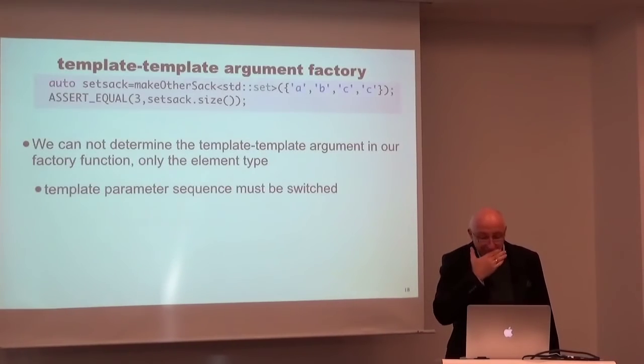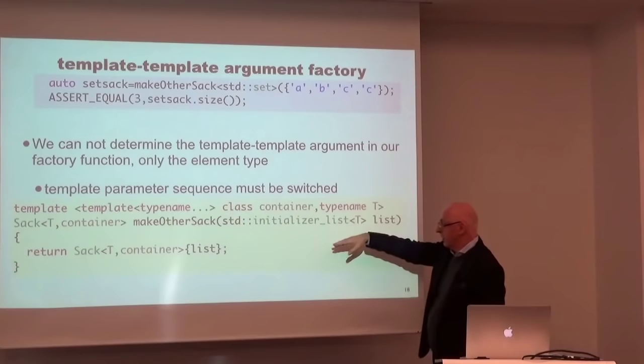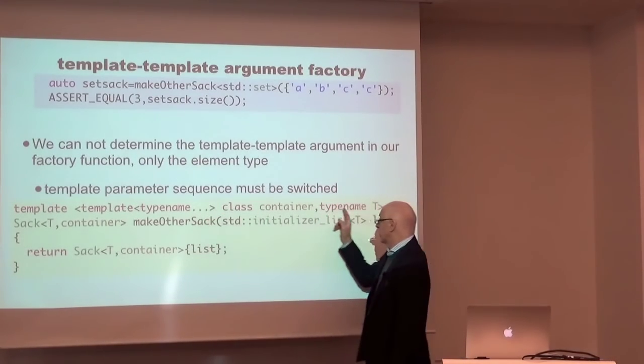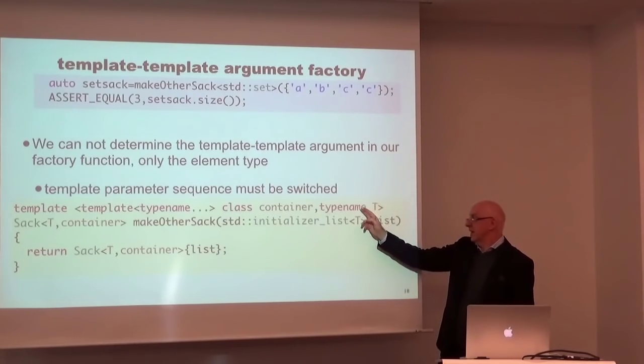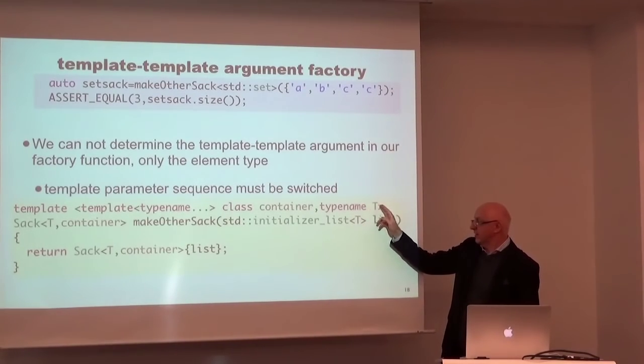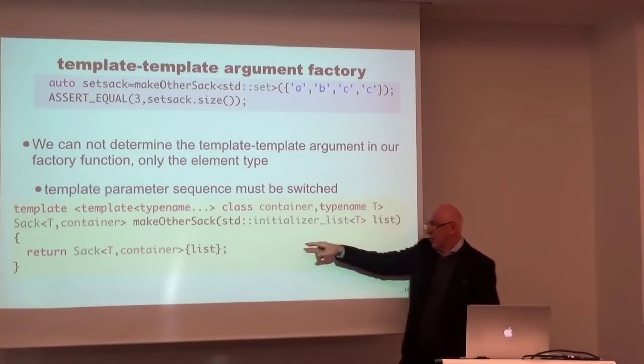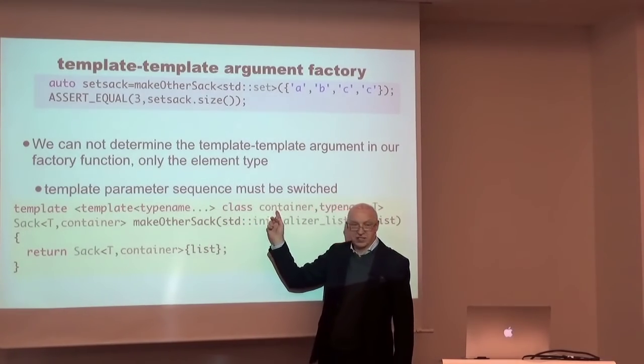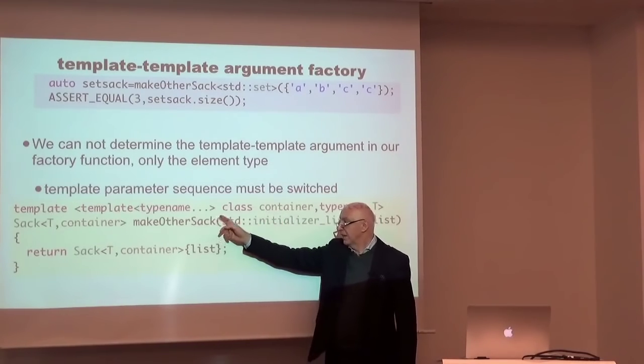This is just the scaffolding. If you have a factory function where you deduce the element type from an initializer list, you have to switch the arguments, because then you want to specify which container to actually use.